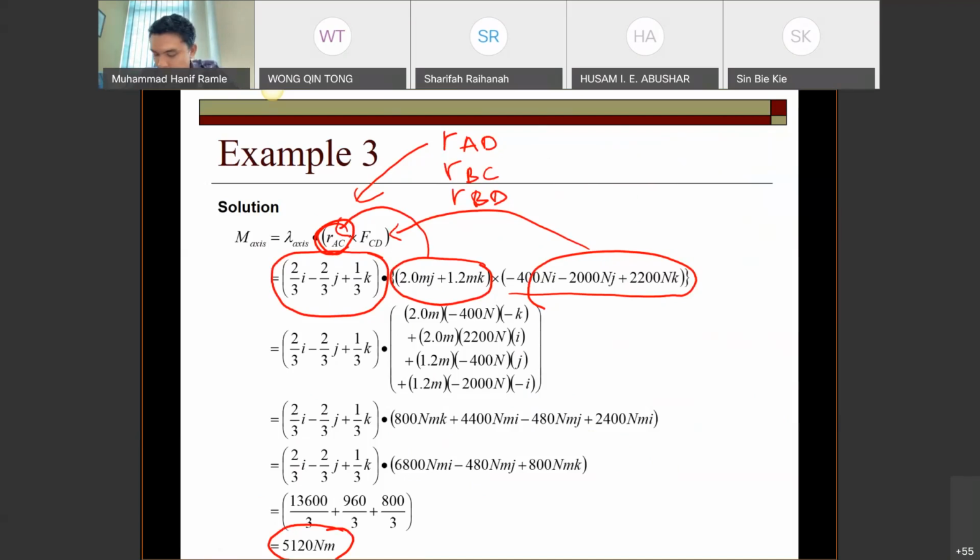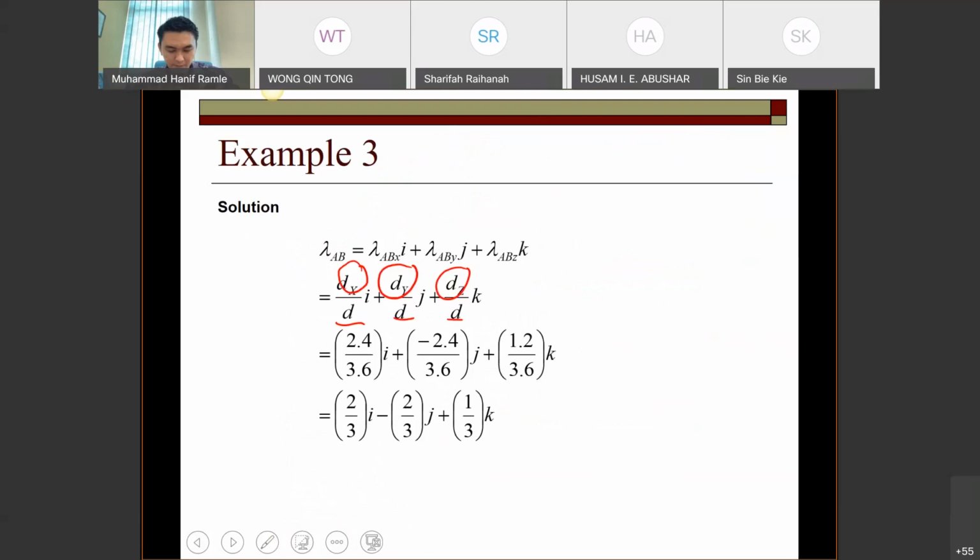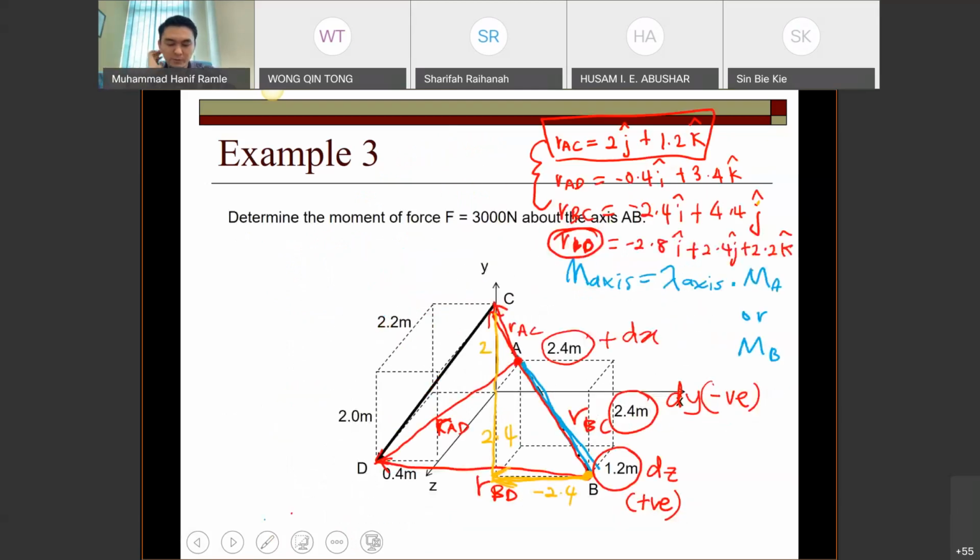Okay, Osam? Yes, doctor. Okay. Thank you, doctor. All right. So FCD is very straightforward because we do have one F in this system from C to D. So it is the same for all calculations. Same goes to lambda AB.